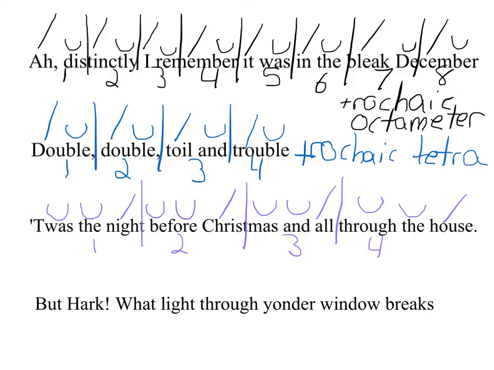Good. Last one. But hark, what light through yonder window breaks? This time, light. Let me use a different color so that way we could see it more distinctly. Brown. There we go. Light is a strong word. Hark, it even has an exclamation point at the end. Breaks. It's broken. We want to emphasize all those. Yonder. Window.